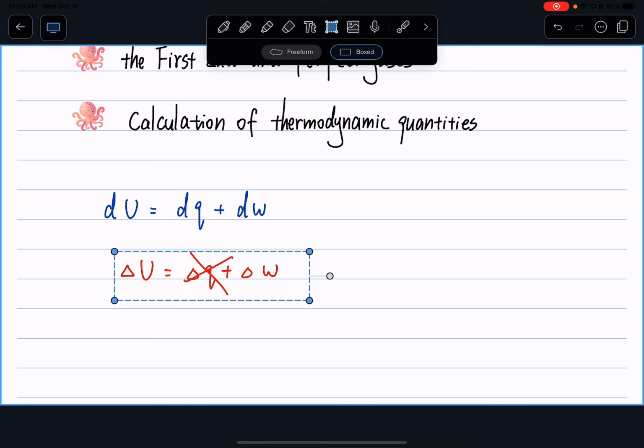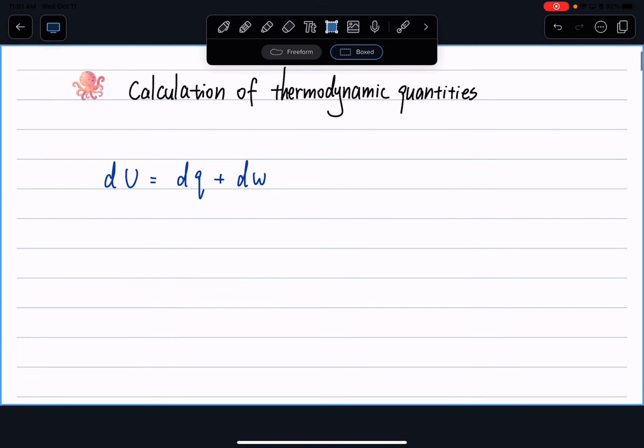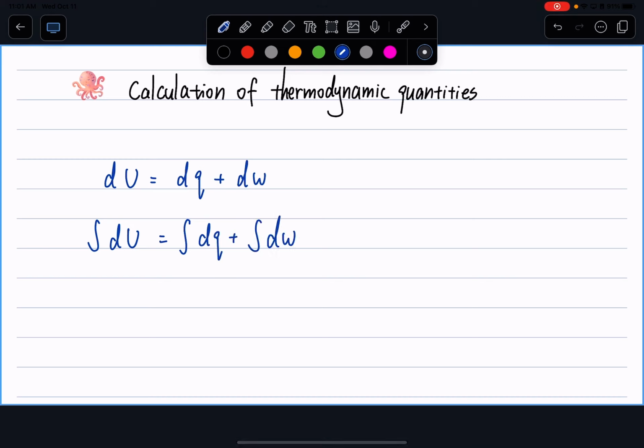The reason is, if we take the integral on both sides of this equation, we have the integral of dU equals the integral of dQ plus the integral of dW. Now, on the left-hand side, our internal energy is a state function.